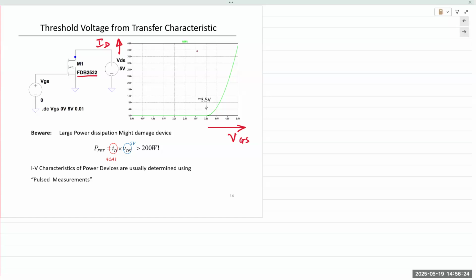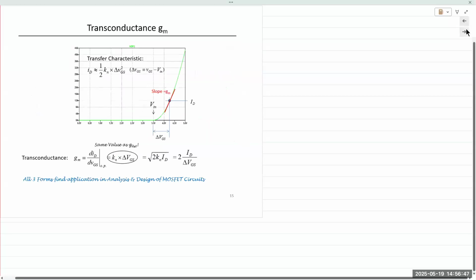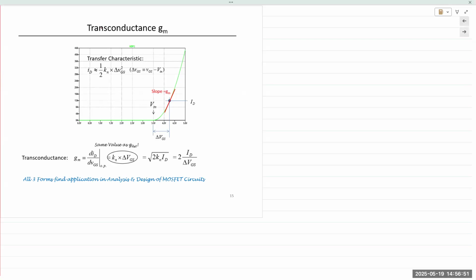How is the input being transferred to the output? Hence transfer characteristic. So input would be the gate source voltage VGS and the output would be the drain current ID. And from there, we can link that to one of the most important quantities for a MOSFET, transconductance GM.